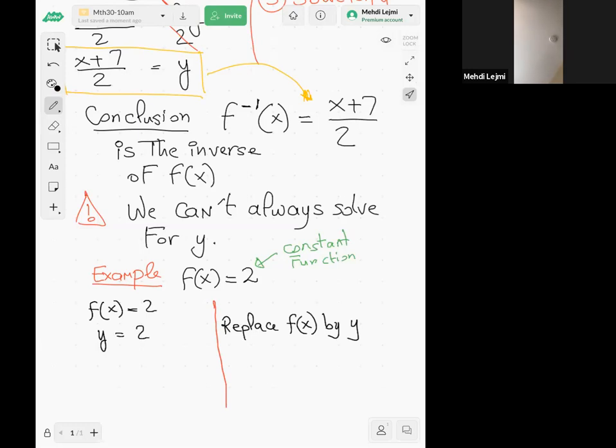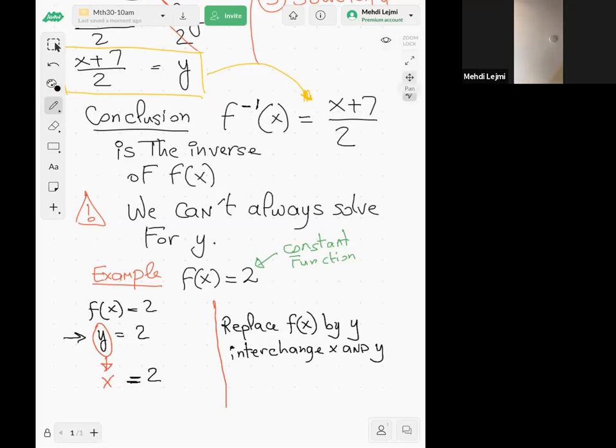Now I need to interchange x and y. There's no x here, so my y becomes x, and it's going to be x equals 2.